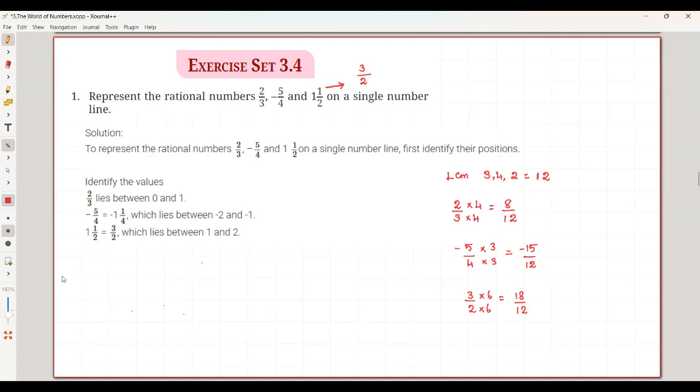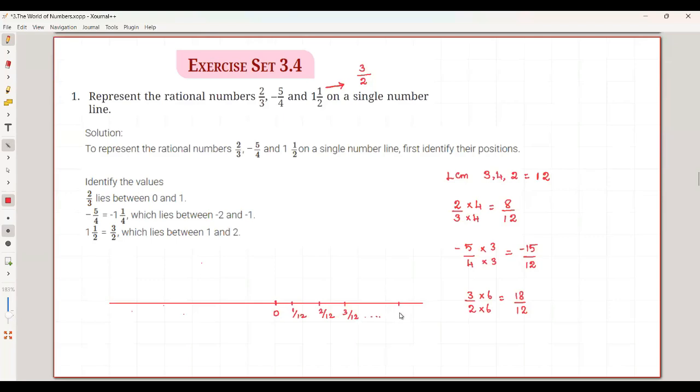Now I can draw the number line. This is one of the methods. After drawing the number line, mark the center as 0. On the positive side, we have 1 by 12, then 2 by 12, then 3 by 12, marked equally, up to 8 by 12.